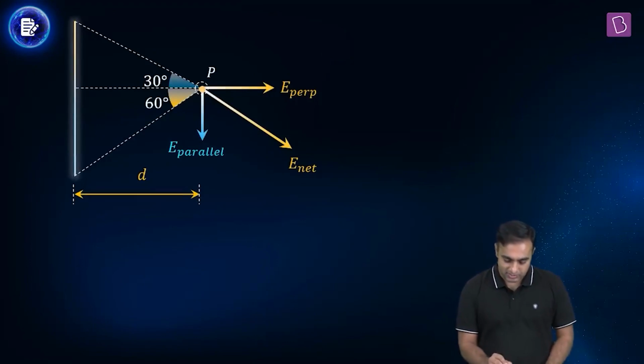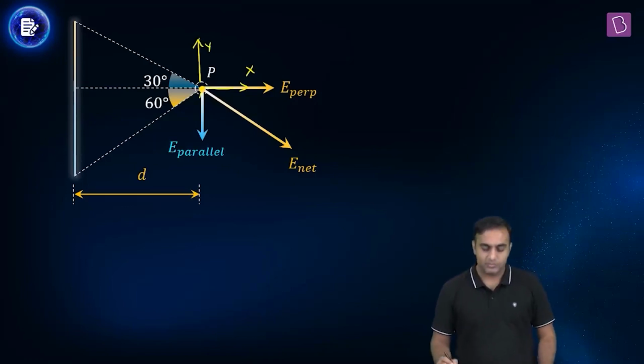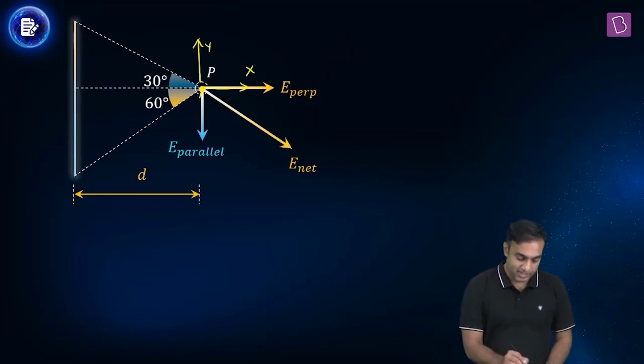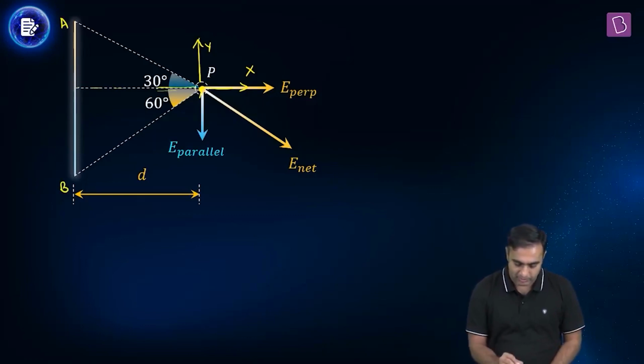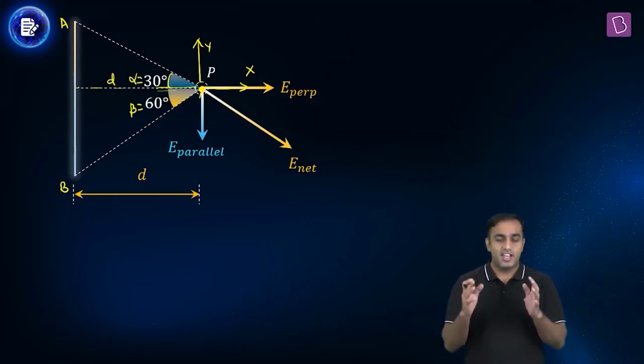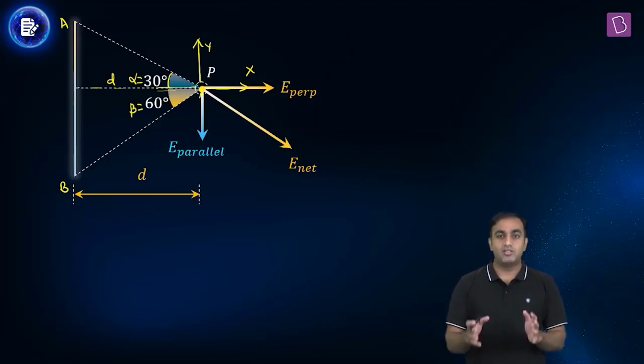If you consider x-axis and y-axis as shown, then if the angle made by the two ends A and B at this point P with respect to the perpendicular D drawn here are, let's say, alpha and beta, in that case, the electric field at point P will have two perpendicular components.